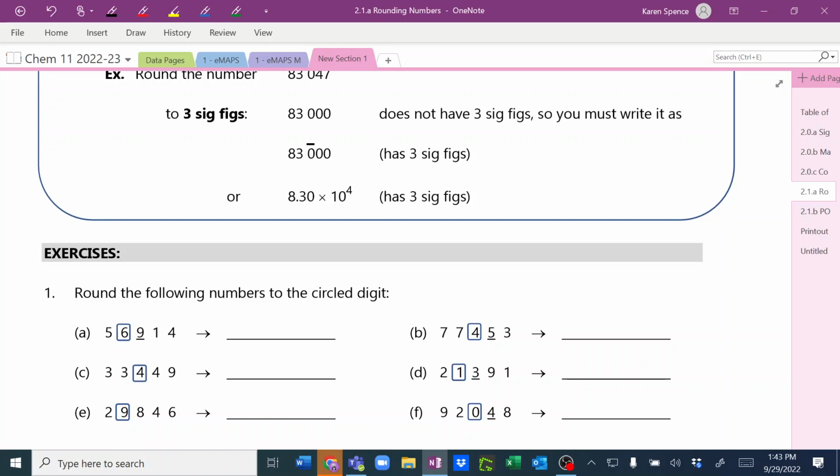Right? 5. You don't want that one to be 6. 5. Now you're going to do 9, here, that's 5. What do you think?